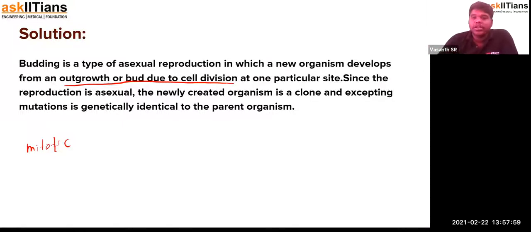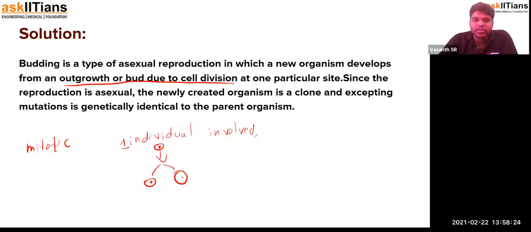Okay. So there is only one single individual involved. So the organism formed from the existing organism will be identical.